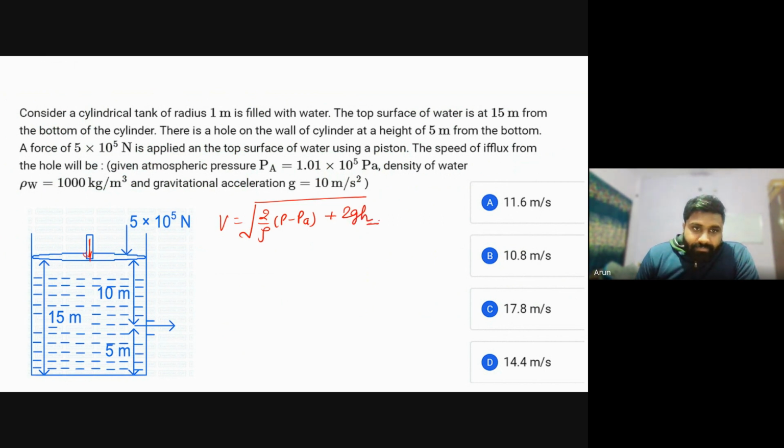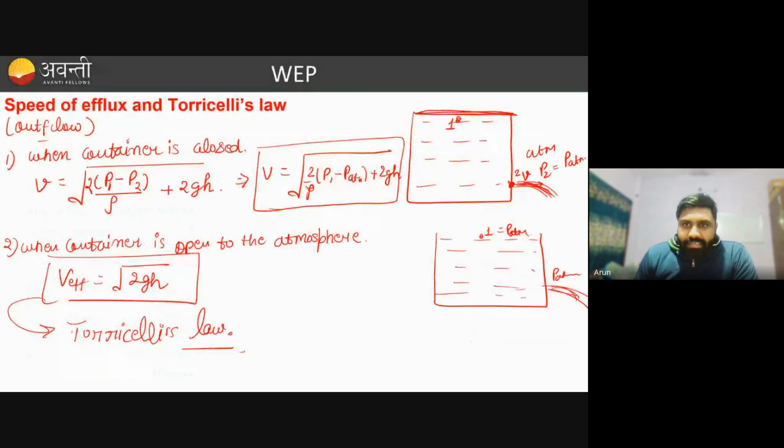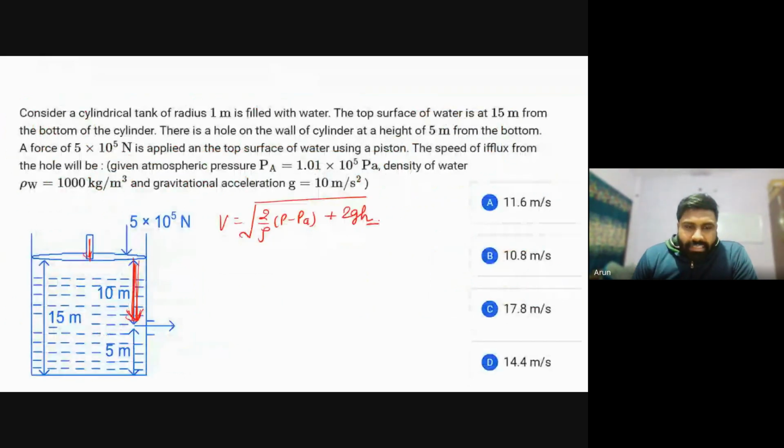H is the depth from the top surface. In this scenario also, h is nothing but the depth from the top surface, which is given as h equals 10 meter. G you also know. PA is already given to you.